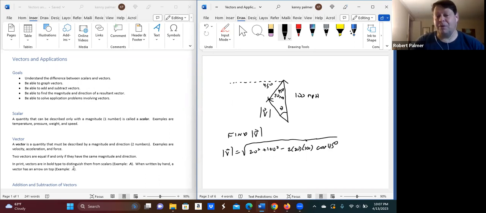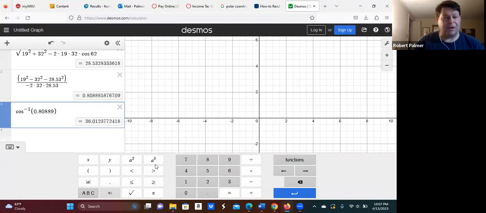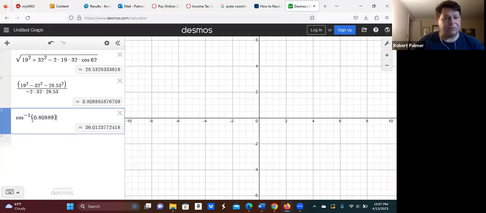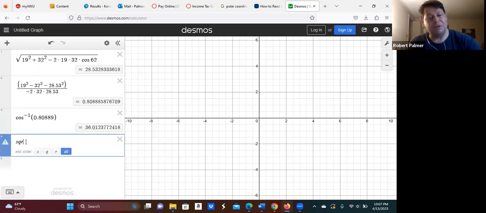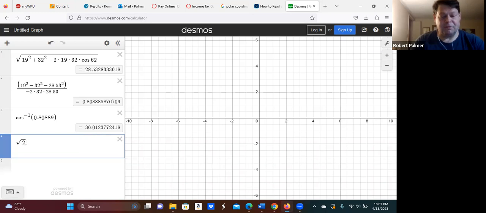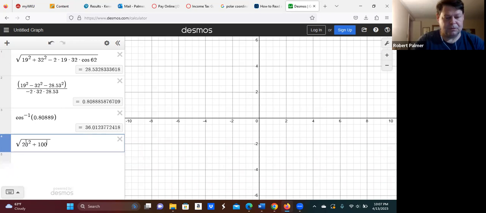Okay. Let's do that on Desmos. You should use your graphing calculator also if you want. This looks just like what we did right here. I'll type SQRT. We have 20 squared plus 100 squared minus 2 times 20 times 100, then times the cosine, just type COS of 45.